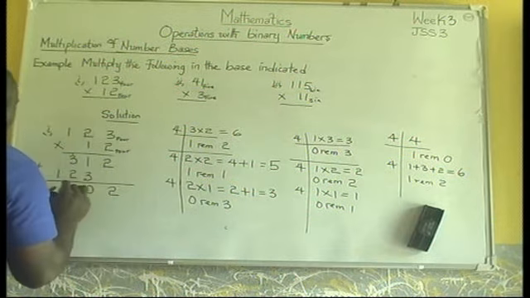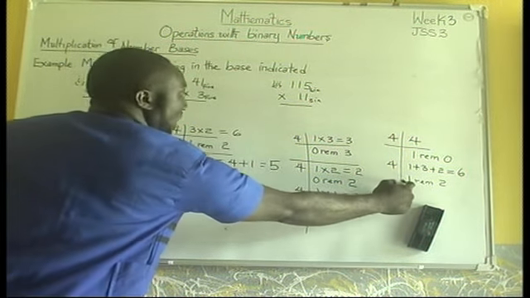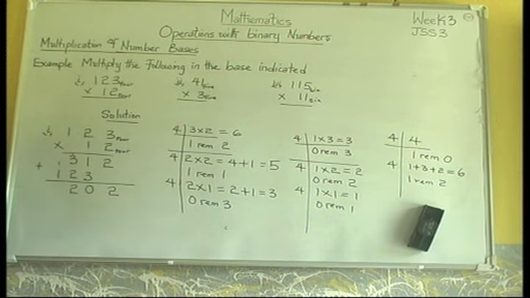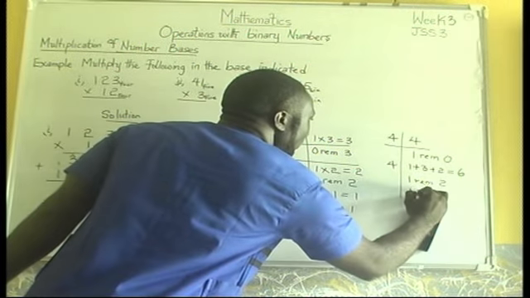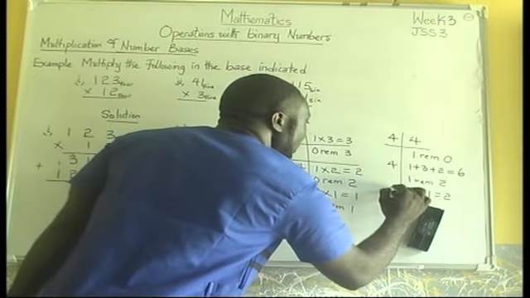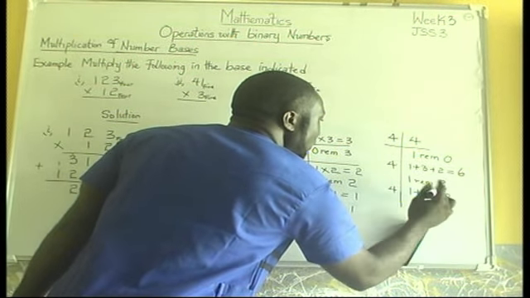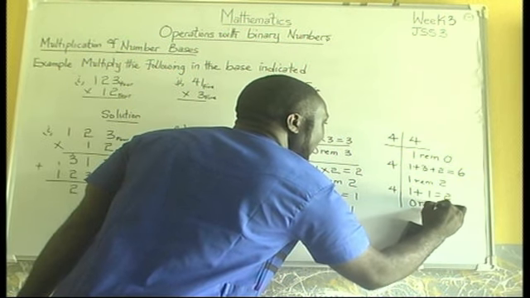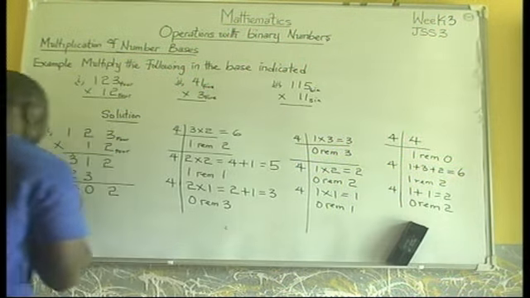So what you are writing is 2 now. Then this one, put it there. Now 1 plus 1 is equal to 2. Let's operate it with base 4. 4 in 2 is 0, remainder 2. So what you write here is 2.